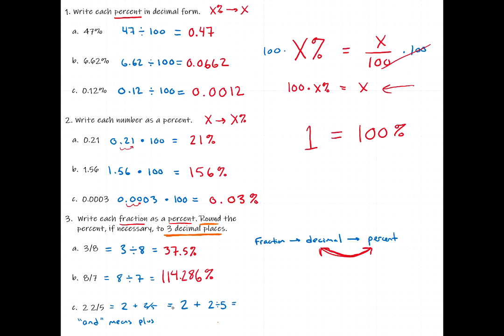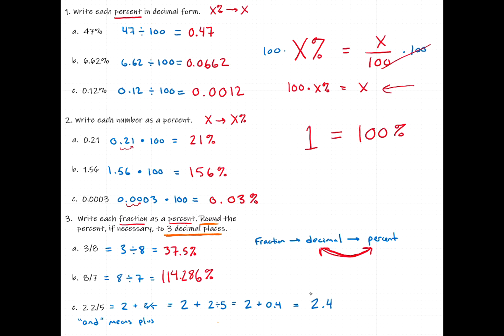Okay, and now for the last one, we said the mixed number 2 and 2/5 is 2 plus 2/5, and 2/5, the fraction, is 2 divided by 5. So we could put that into the calculator. 2 divided by 5 is 0.4. So 2 and 2/5 is the same as 2.4.